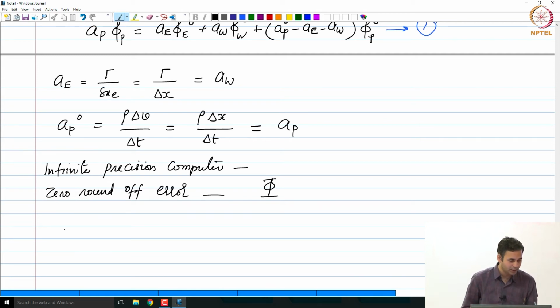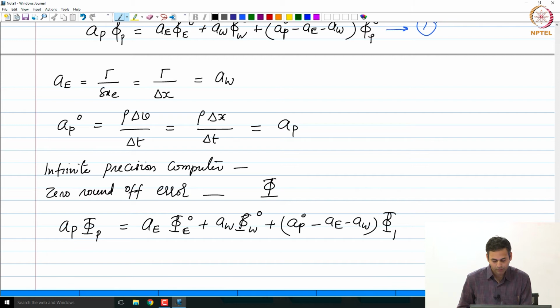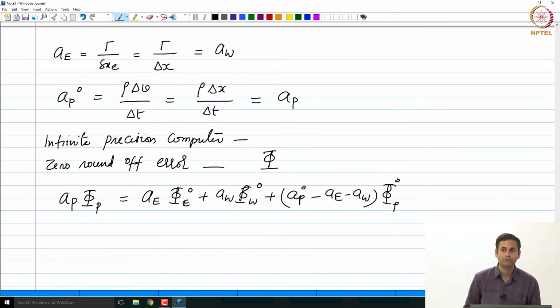Okay. That means the solution capital phi p on an infinite precision computer would come out of solving this equation. AP phi p equals A east phi east 0 plus A west phi west 0 plus AP 0 minus A east minus A west times phi p 0. Fine.